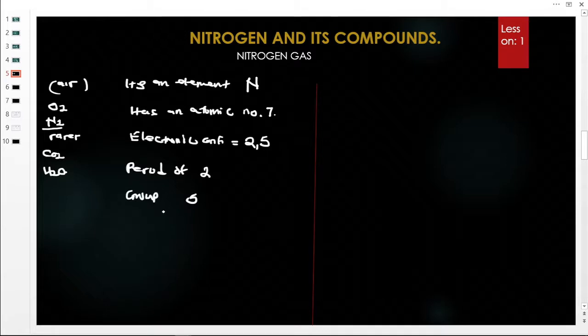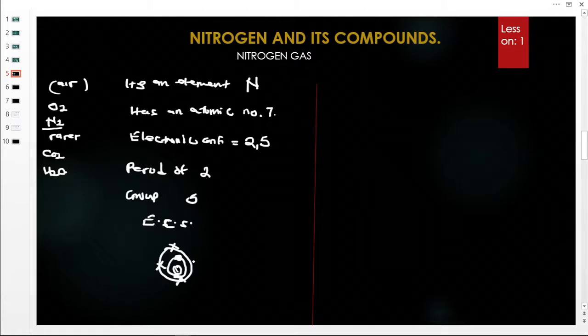Now if you look at its electronic structure, which shows how the electrons are arranged, we have our nucleus. The first shell always accommodates 2 electrons. We can use dots to show them. Then the next energy level accommodates 8, but because nitrogen has 5, we put 1 here, then 2, then 3, 4, then we come back and pair up for the 5.